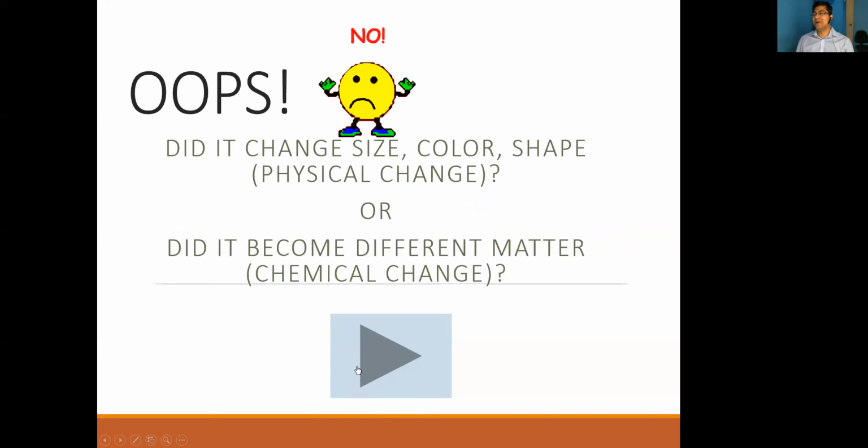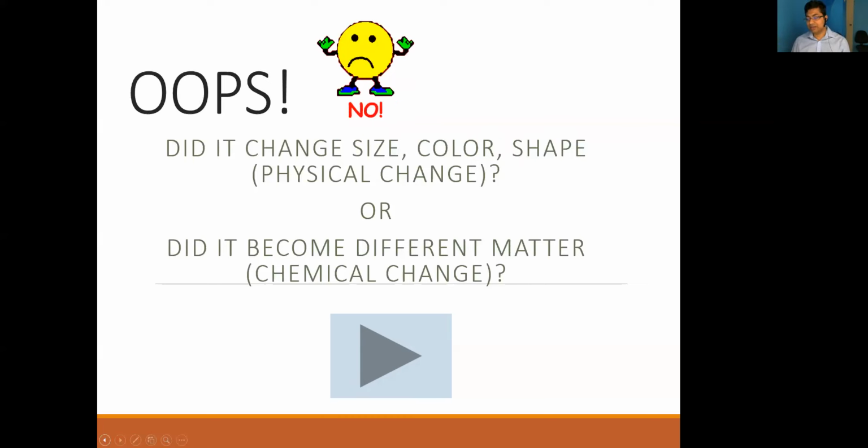Oops, no. So how can you define whether it is a physical change or chemical change? You need to define through this: is it changing the shape? Is it changing the color? Then it's a physical change. Or is it making a new substance?